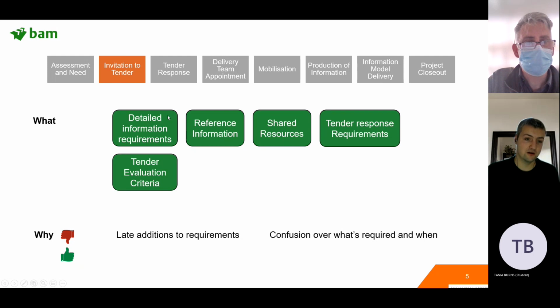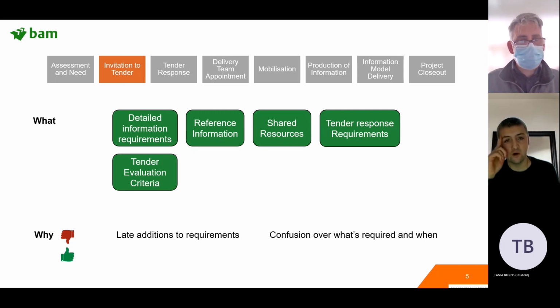This is almost never done. Clients rush out their invitation to tender without adequately defining their information requirements. They just haven't given it much thought often at that stage. They're focused on the building, understandably, but they neglect to think about the information that they're going to require. Late additions to requirements, if you think back to that McLeamy curve, cost more the later it is, even when it's information.